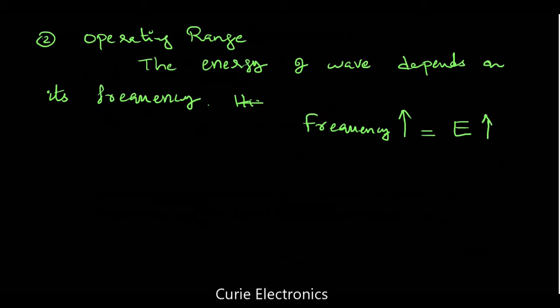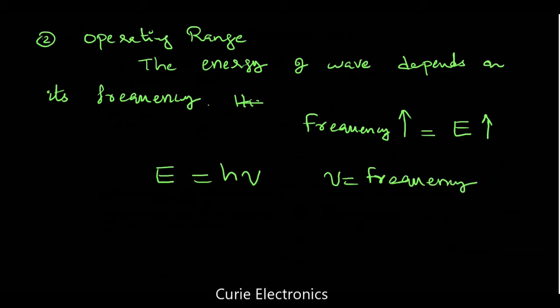So if you transmit the signal at higher frequencies, the energy of the wave is more, so that it can cover more distance. There is also an equation which relates energy and frequency: E equal to h mu, where h is the Planck's constant and mu is the frequency.